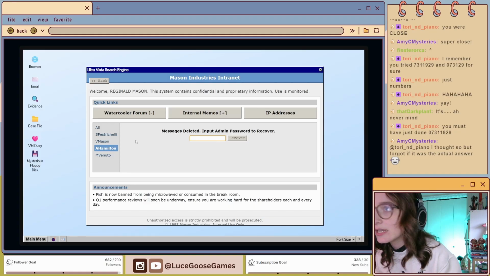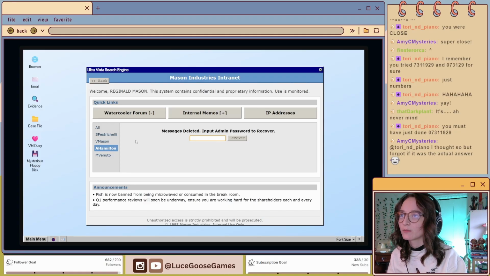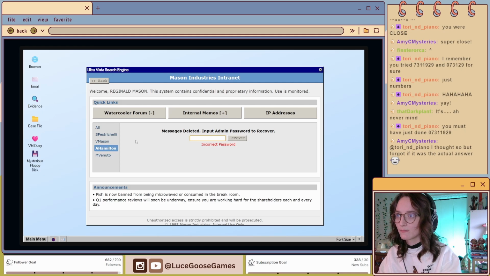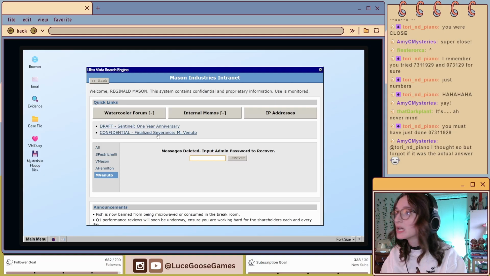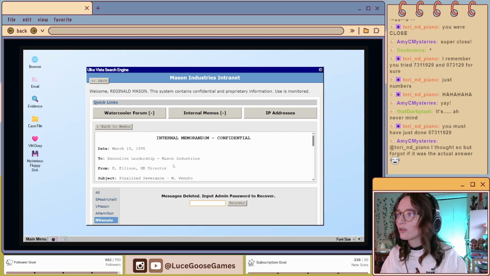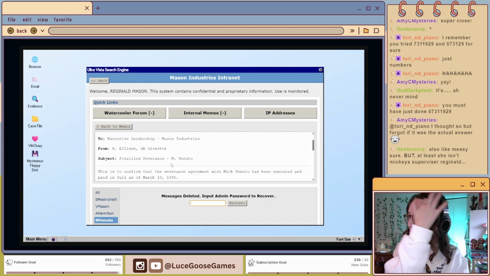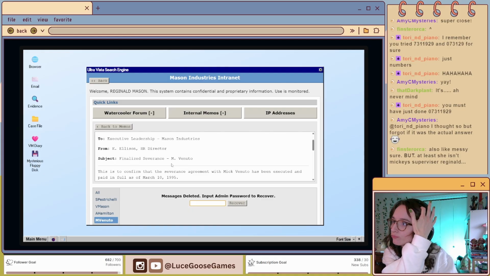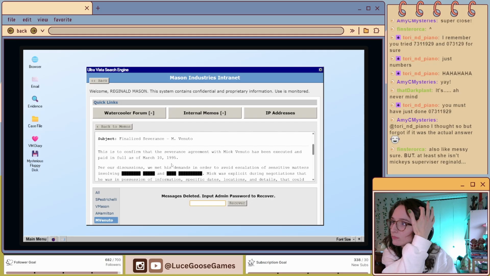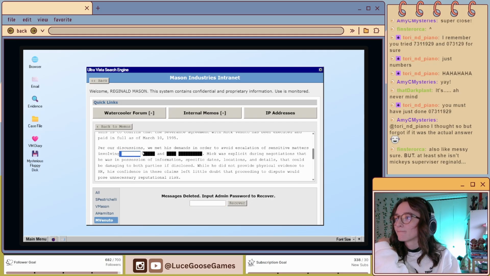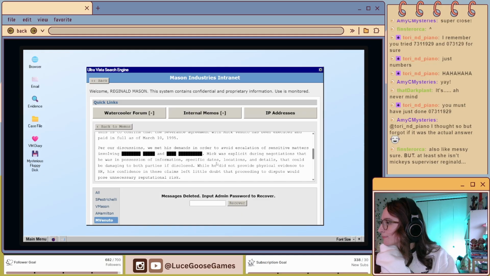Messages deleted. Input admin password. I mean, is that the same? No. Okay, so that seems important. Internal memo. Kay Ellison, HR director. At least she isn't Mickey's supervisor.